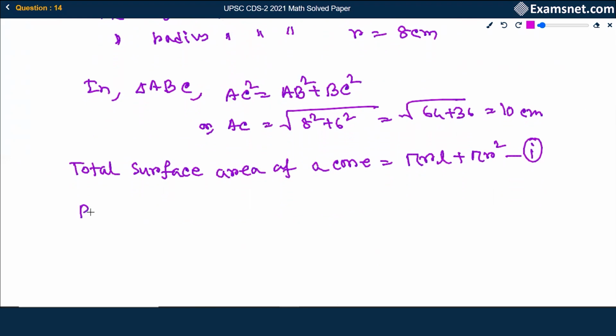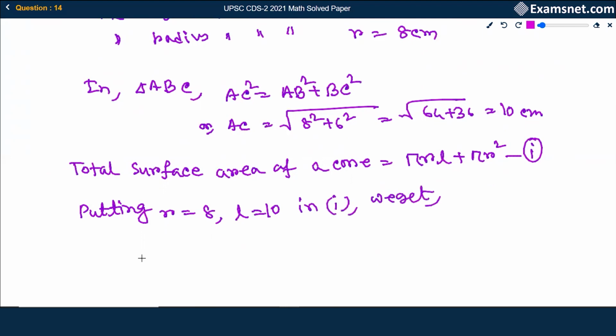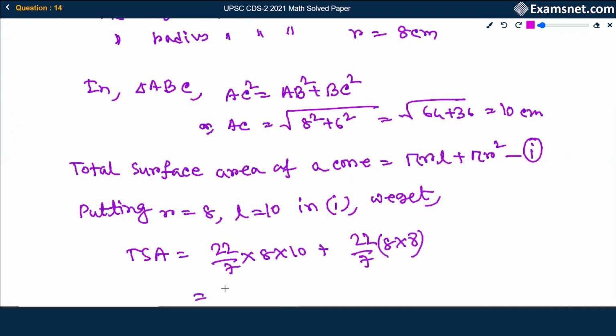So putting R equals to 8 and L equals to 10 in 1, we get total surface area pi R L plus pi R square.